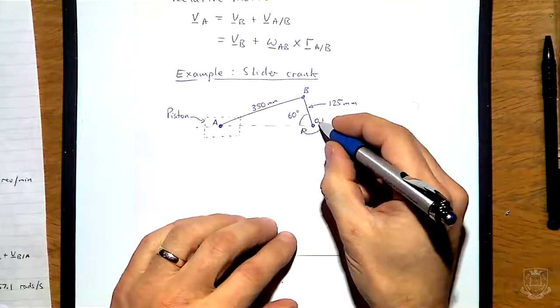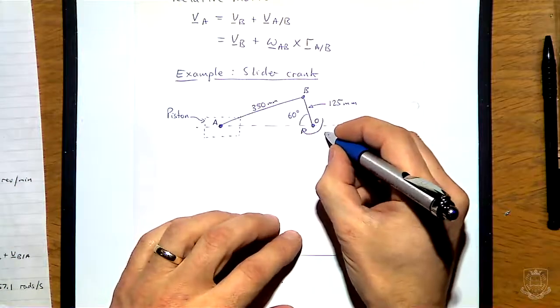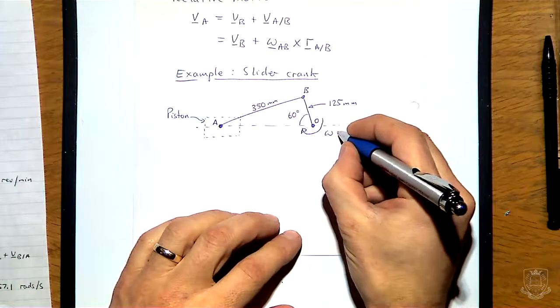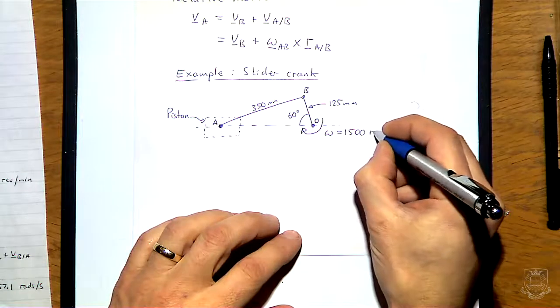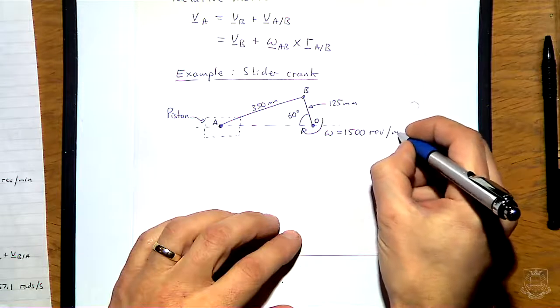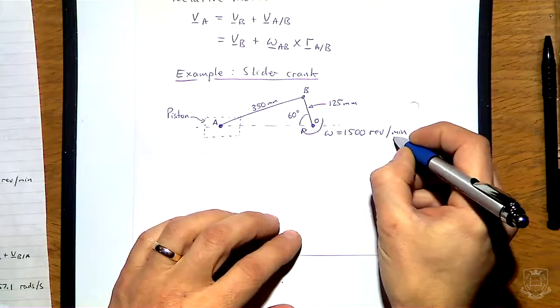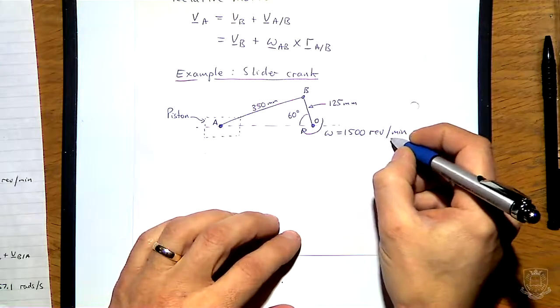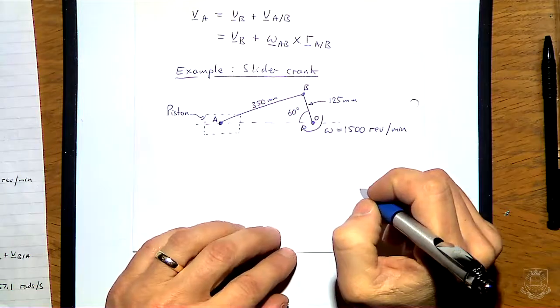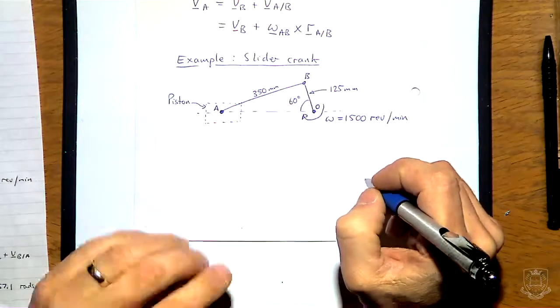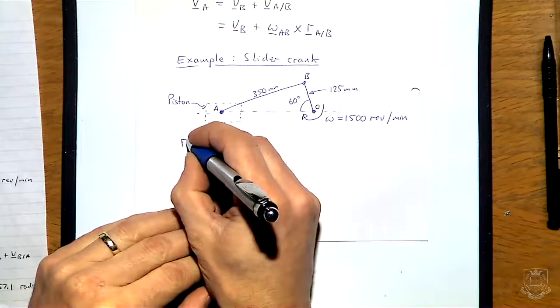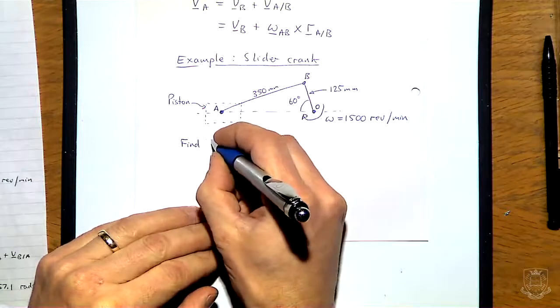The rotation speed of the crank will be given to us as omega equals 1,500 revs per minute. So that's revolutions per minute. And we're asked to find the velocity of the piston.